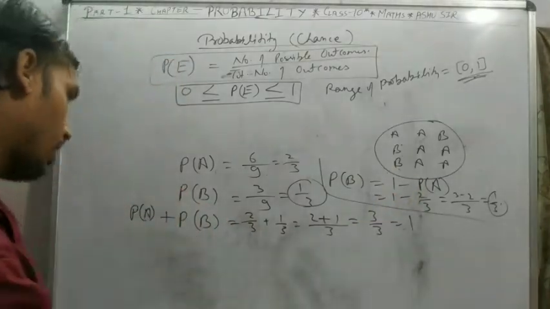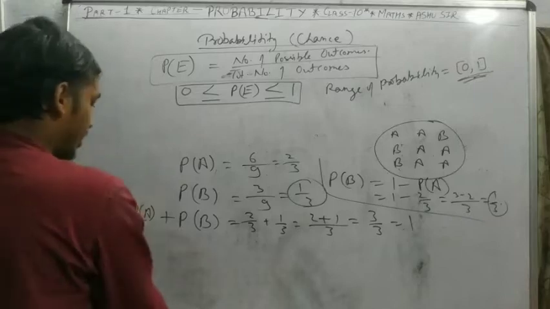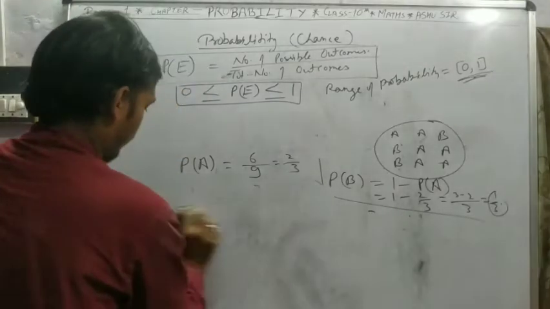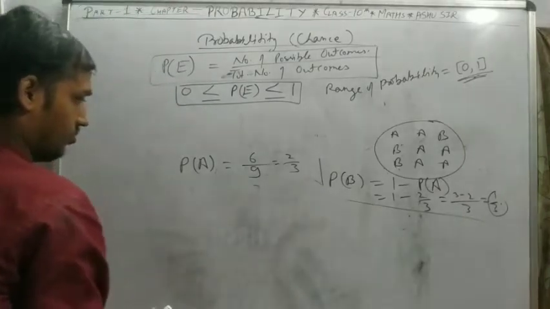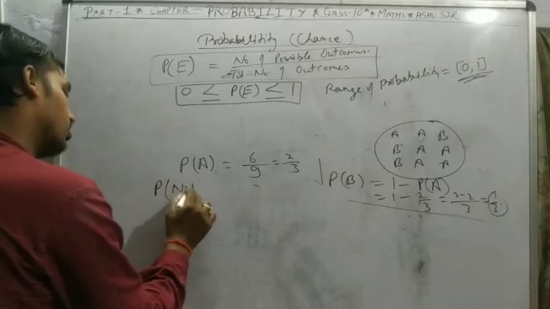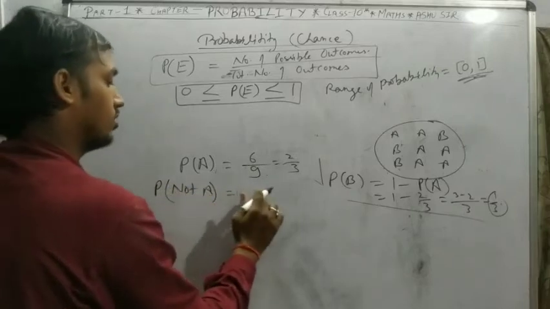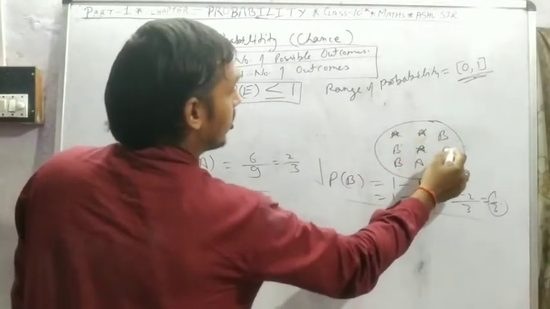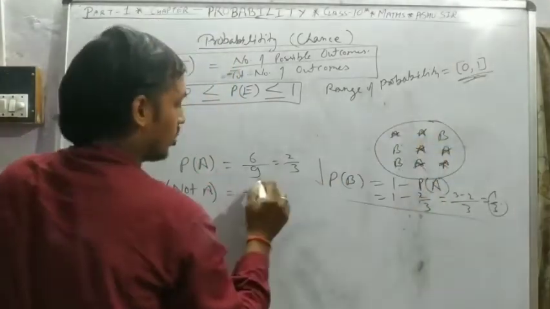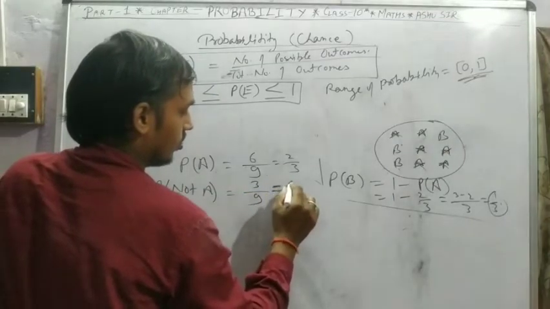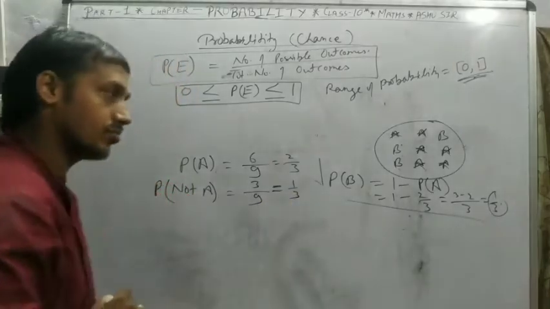Or you can say, what is the probability of not A? Not A means not A, not A, not A: 1, 2, 3, so 1/3.